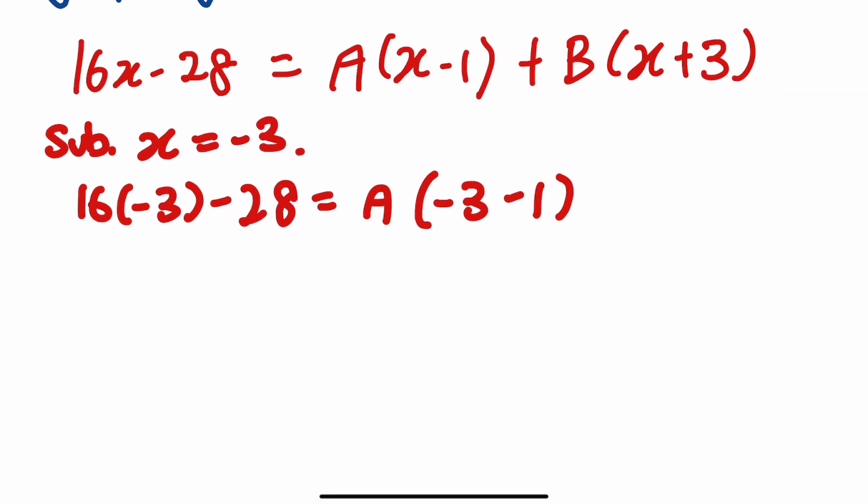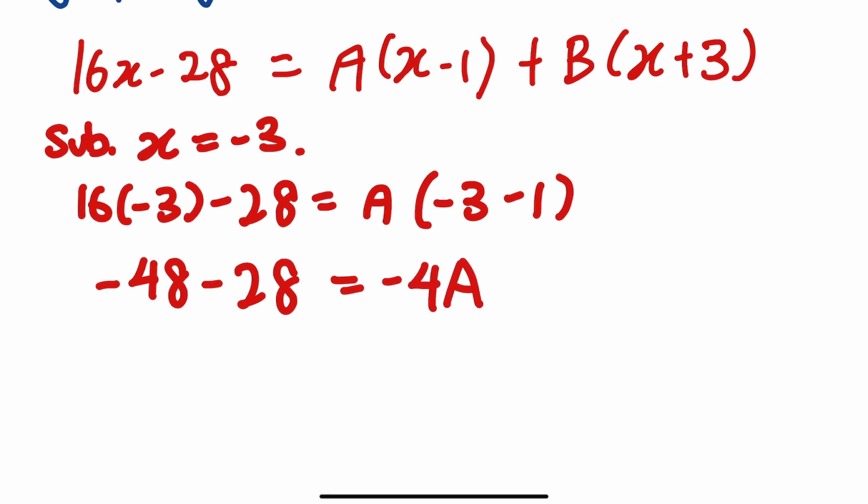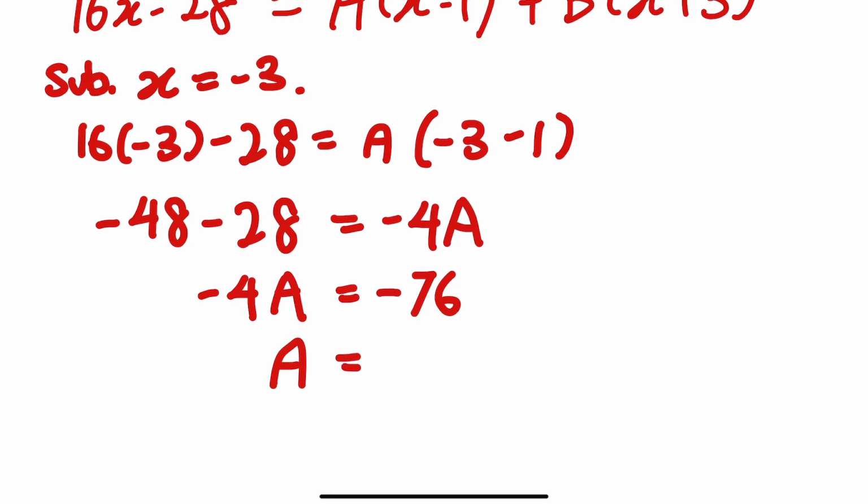Then I get 16 times negative 3, which is negative 48, minus 28, equals negative 3 minus 1, which is negative 4A. So therefore negative 4A is equal to negative 76. A is simply equal to negative 76 divided by 4, which will be 19.